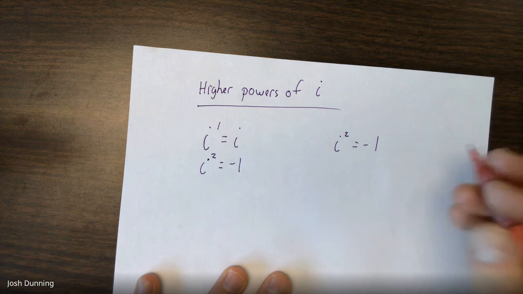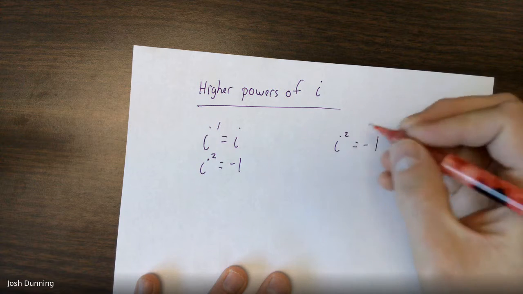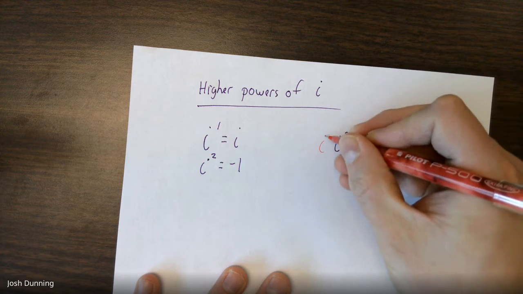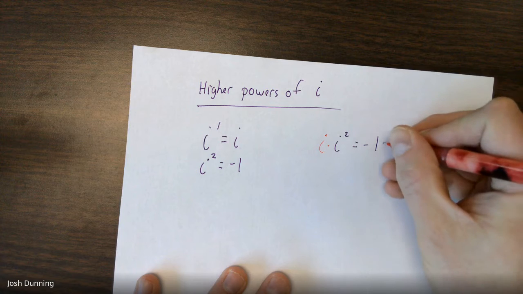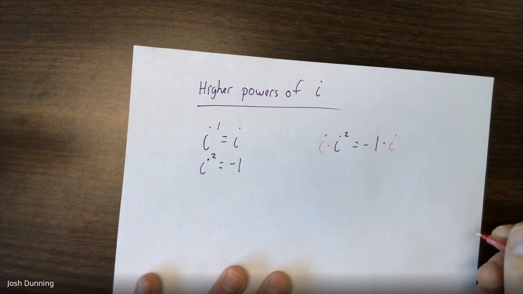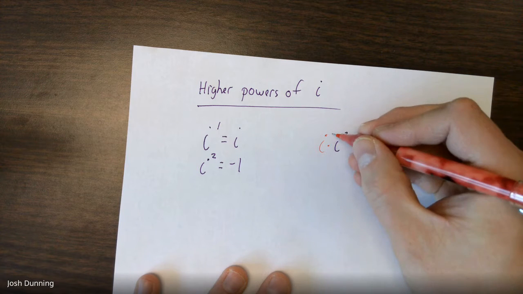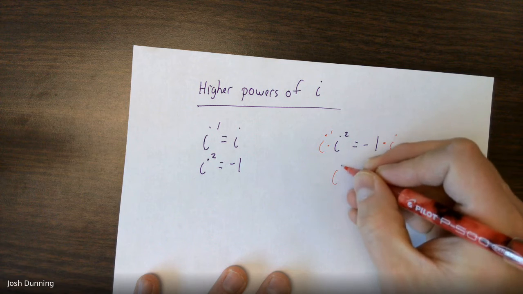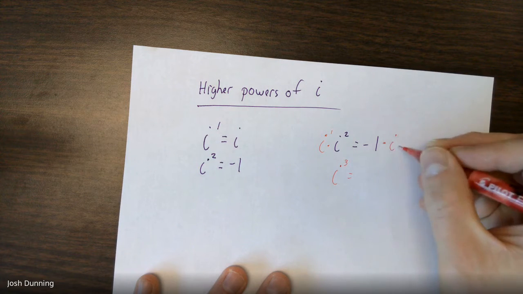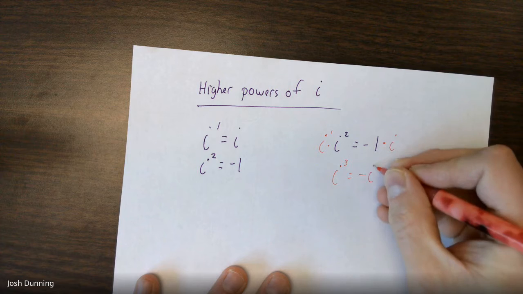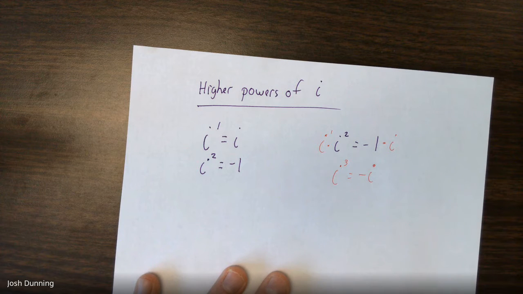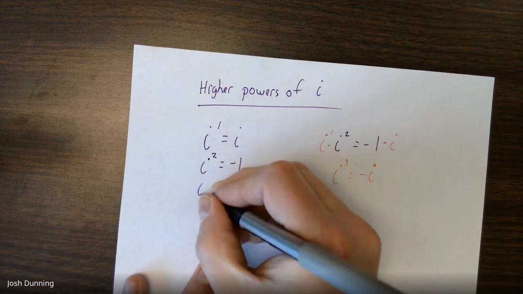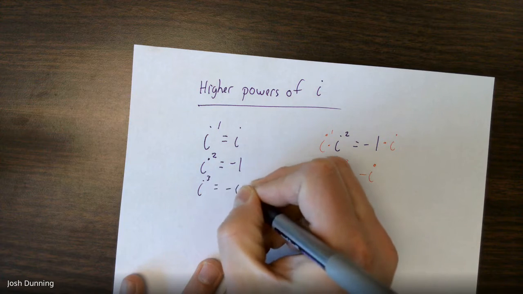If I want i to the third, I multiply both sides by i. Whatever I do to one side, I have to do to the other. This gives me i to the third, because i to the first times i to the second is i to the third. Negative 1 times i is negative i. So this is our key on the left here.